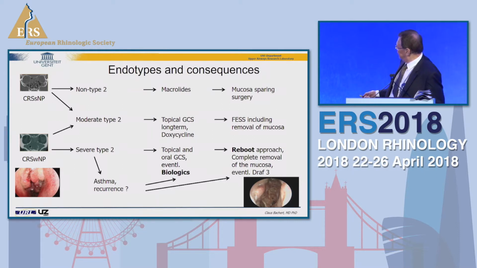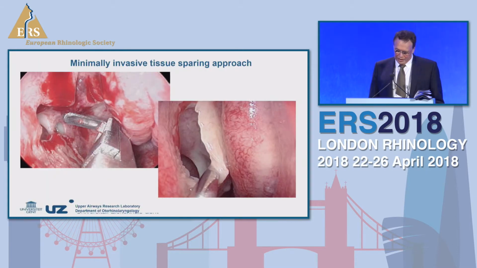And biologics may come in here, and we will hear much more about it during that Congress and the next Congress. And for that kind of surgical approach here, I have termed the word reboot. Why is that? You can reboot with and without Draf 3, and I will talk about these different approaches.